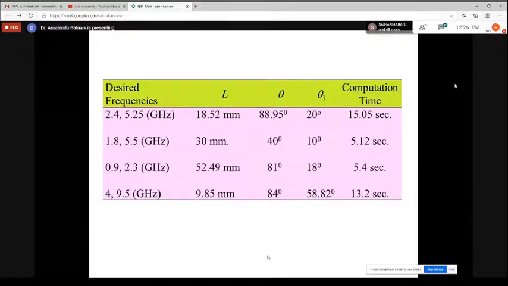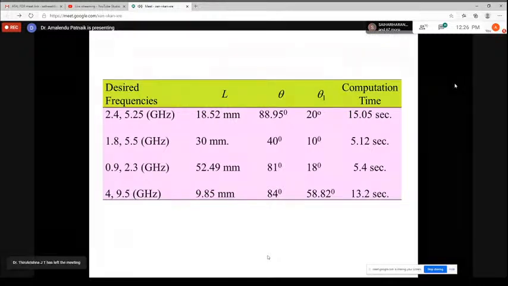So what exactly we did? We used two different types of meta-heuristics because their capability of solving problems is of different types.